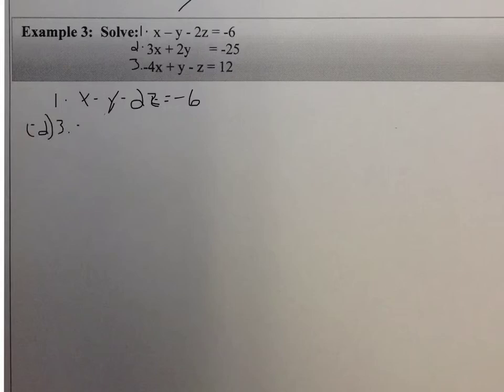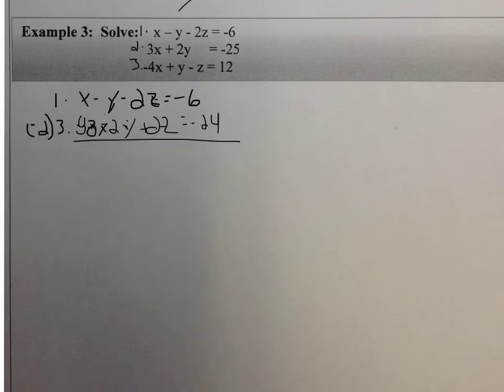And that would give us positive 8x, sorry, so 8x, and it would give us negative 2y, and negative 2 times negative z be plus 2z equals negative 24.